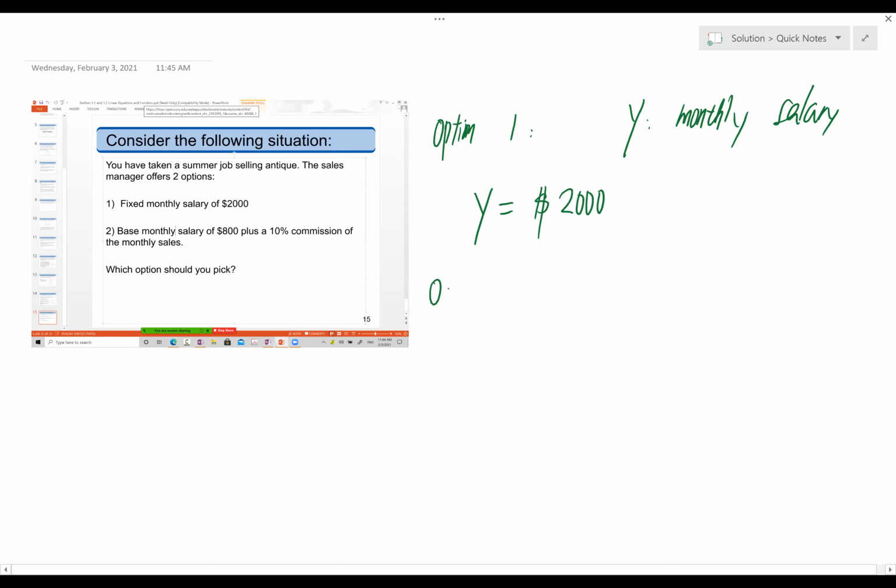And then for option number 2, now you have to consider the sales, right? Very good. So as you mentioned earlier, X represents the monthly sales. Now let's think about this. Y still represents monthly salary.